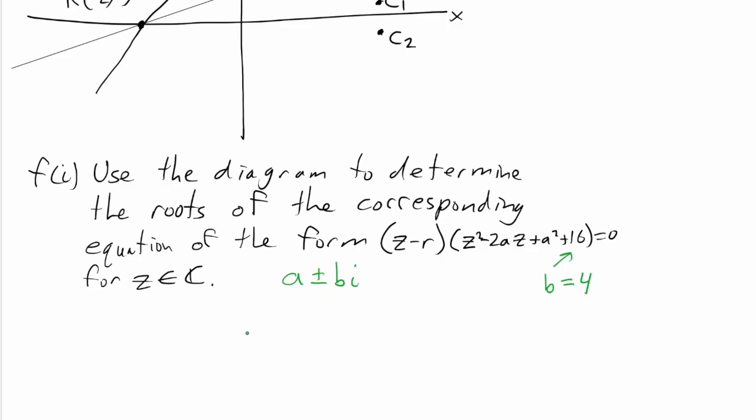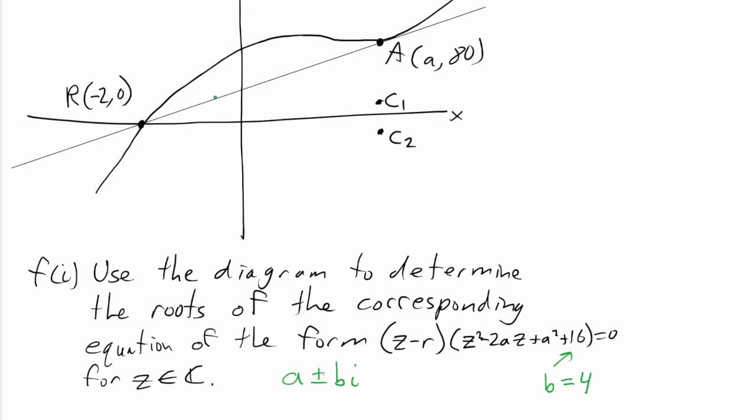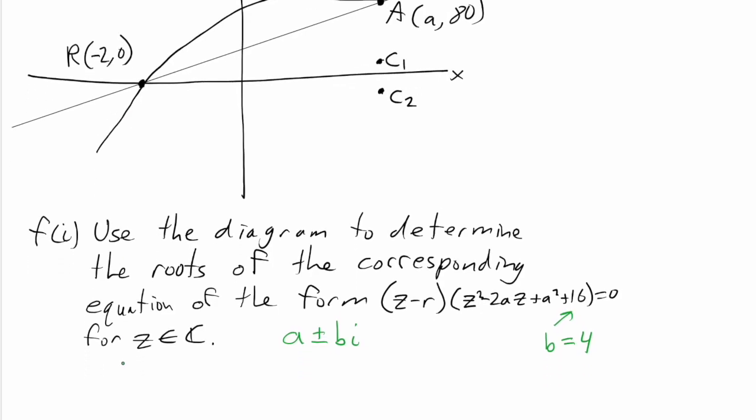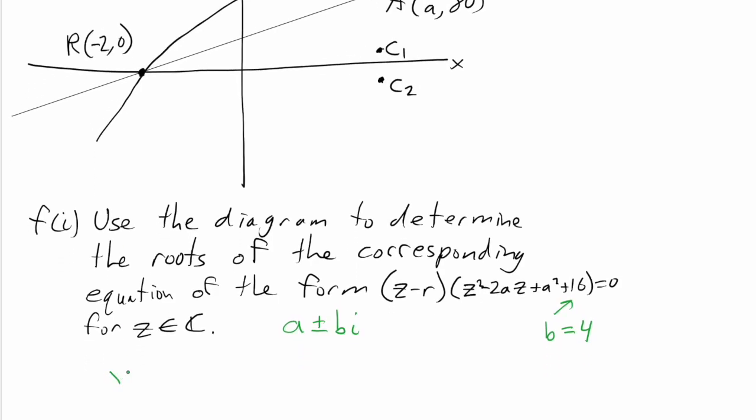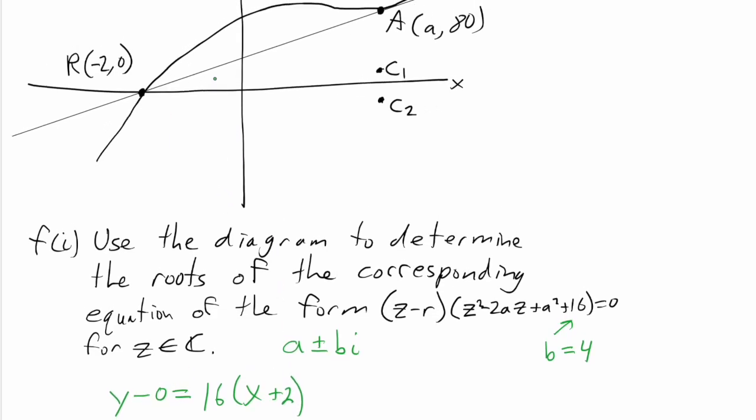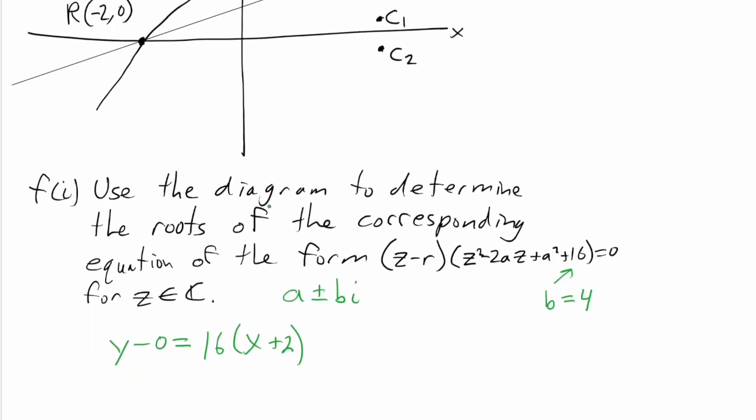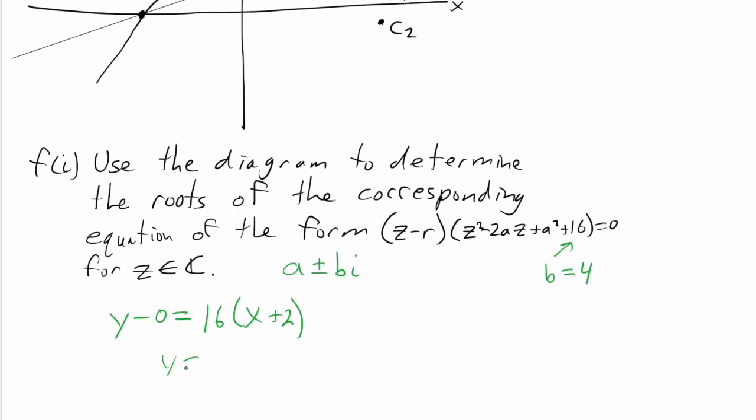There's a couple ways to do it, but recall let's look at the equation of this straight line here. In point slope form, it would be y minus 0 equals the slope of that. From one of our previous results we saw that this was b squared. So that's going to be 16 times x plus 2. So that's the equation of this line right here. Okay, so y equals 16x plus 32.